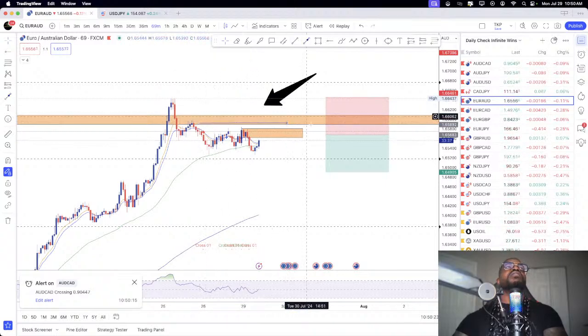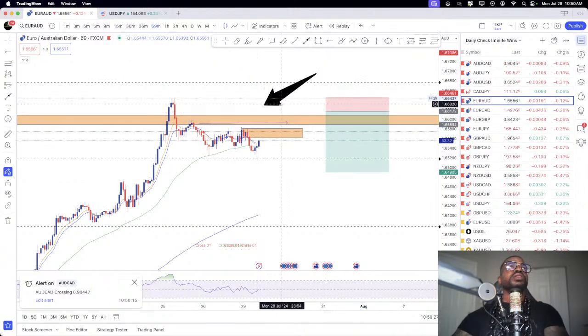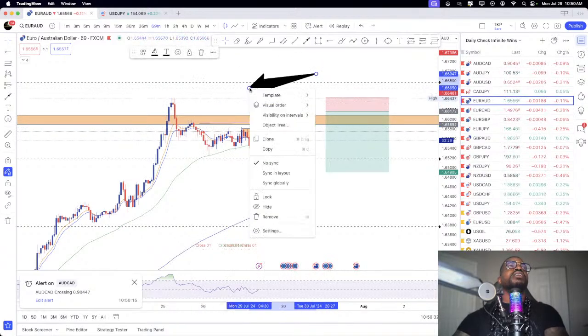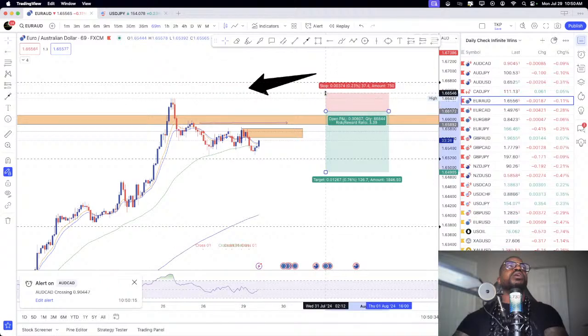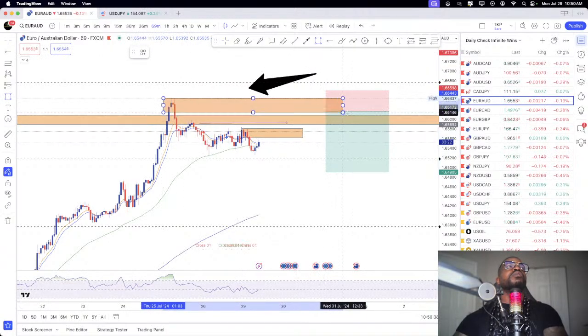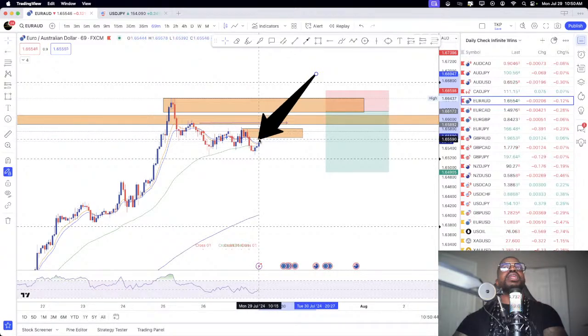And after it does that, it'll move in the opposite direction. So with this high being the highest high, we got to keep that in mind and put our stop loss above it. It's also a possibility that it could pull back to retest that versus just falling at this level like most people are looking at.